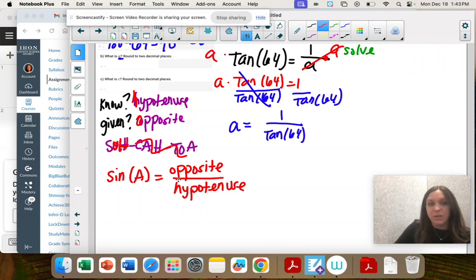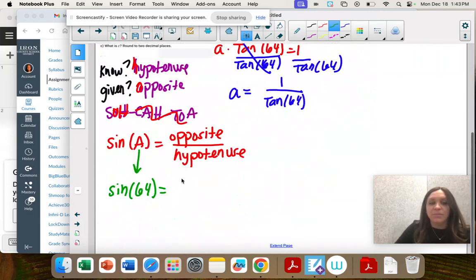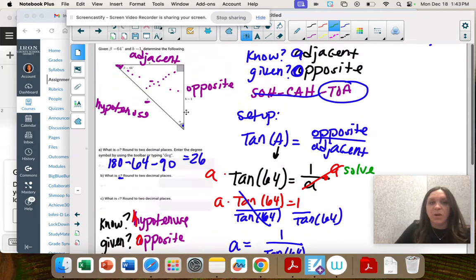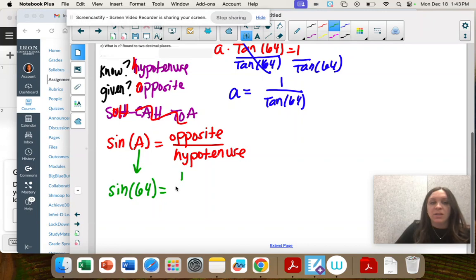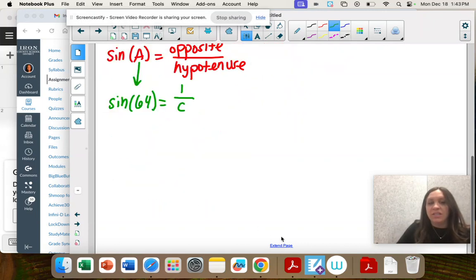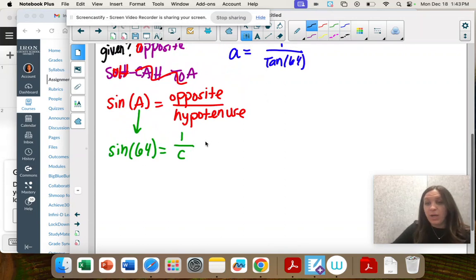And now let's plug in what we know. So A is for angle. So sine of 64. Opposite side is what we're trying to find. Nope, opposite side is 1. And we're trying to find c, which is the hypotenuse. So now we solve.